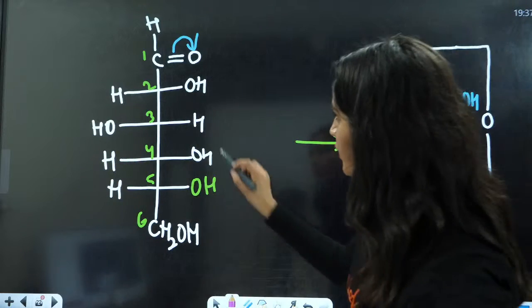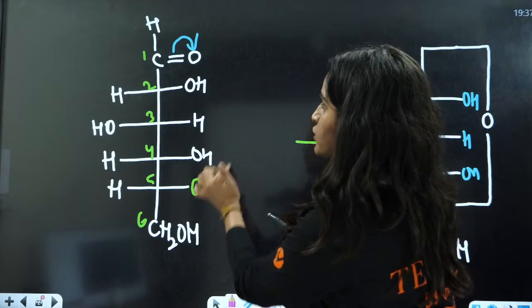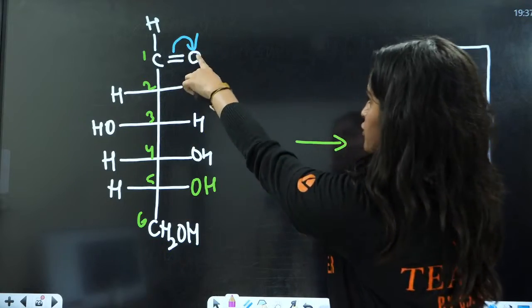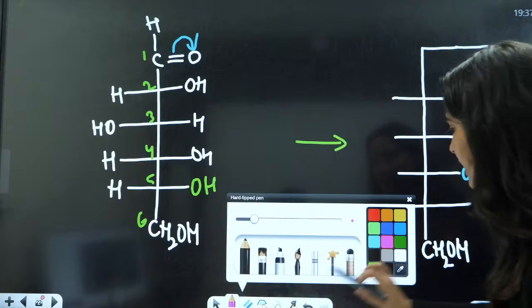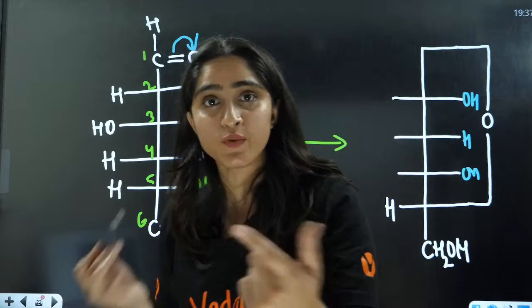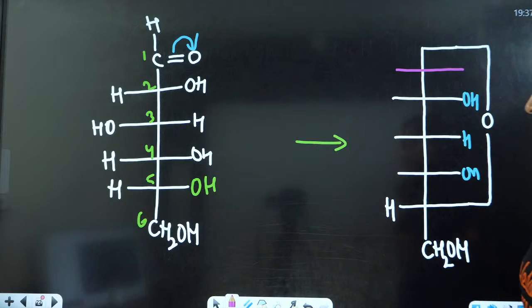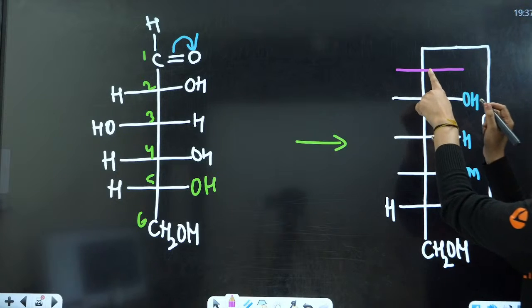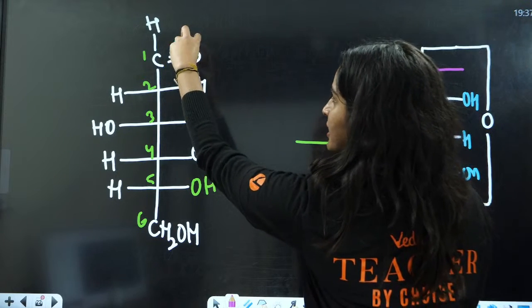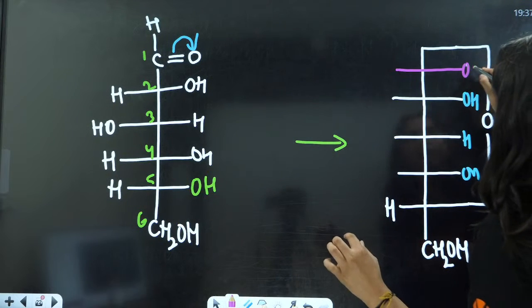See this very carefully. I am drawing the new bonds with this pink pen. This O negative is going to get this H positive here, and there will be one OH here.